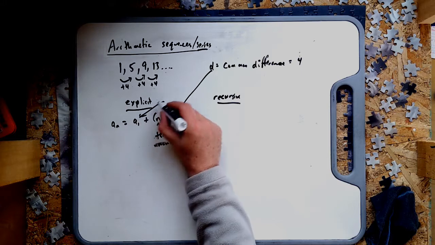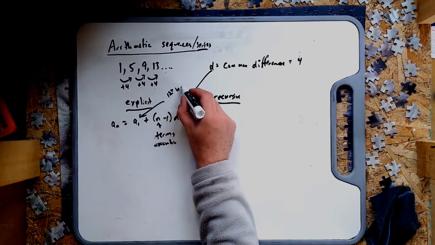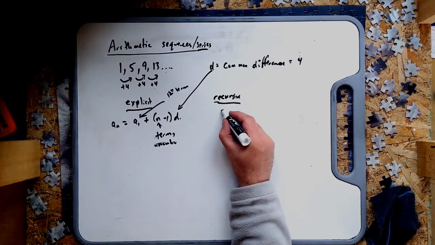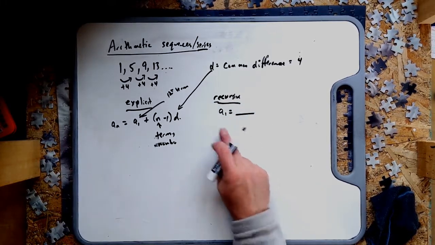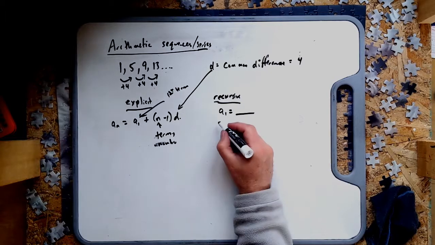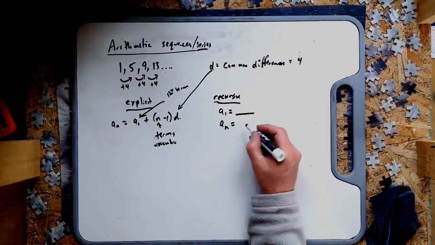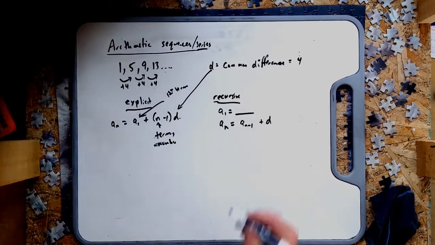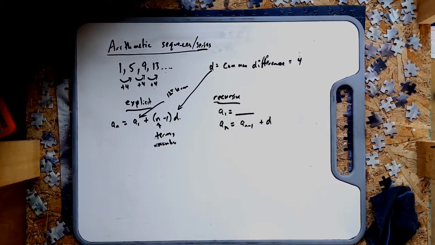A1 is the first term. Okay, and then the recursive formula says I start at whatever A1 is, and make sure you write that as part of the equation. And then the subsequent terms are the previous term plus the common difference, or D. All right, those are the two equations you need for sequences.